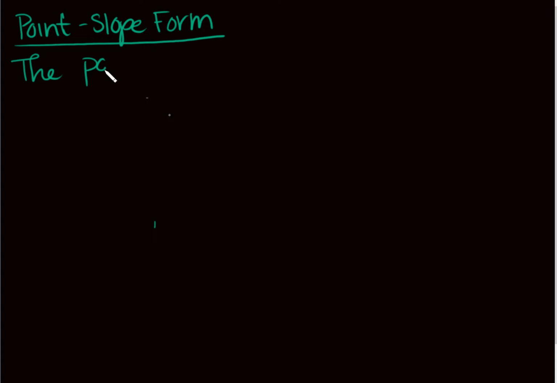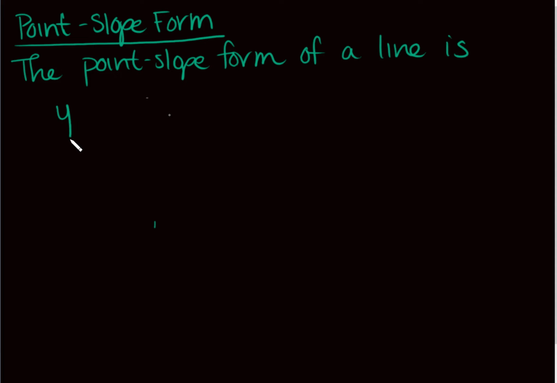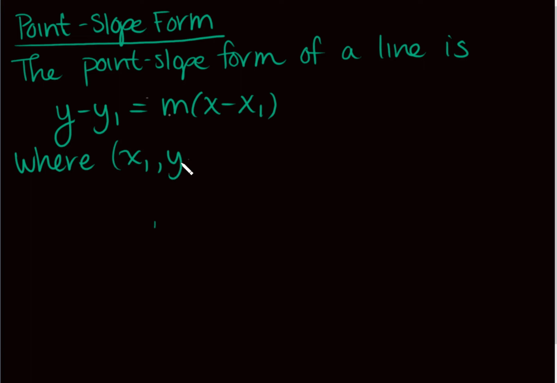So the point slope form of a line is given by y minus y1 equals m times x minus x1, where the point (x1, y1) is on the line, and m is the slope.